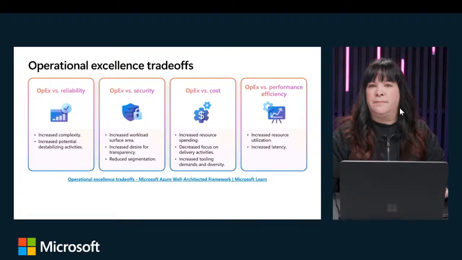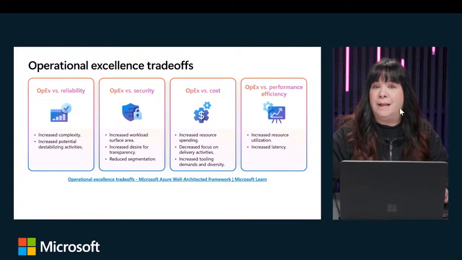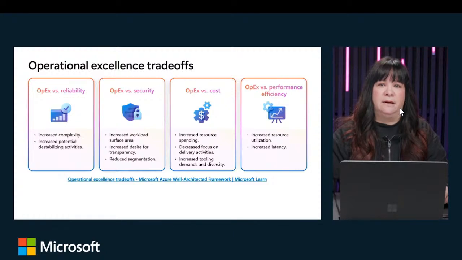Next up is security. Now, operational excellence often increases the workload surface area by adding components like automation or custom control planes, which must be regularly hardened and tested for security. This increased surface area can introduce more attack vectors. Security aims to reduce the workload surface area and protect the confidentiality of data.